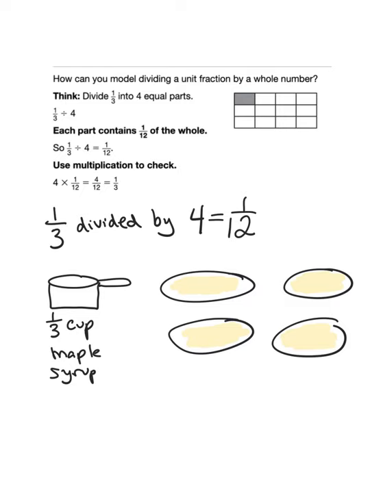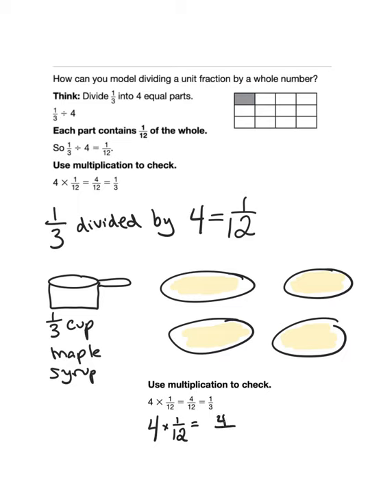Okay, and then the last step down here tells us to use multiplication to check the work that we've done. So let me come down here and show you that. I guess this would be kind of like saying, let's take the 4 portions of maple syrup that we put onto our pancakes and pour them back into the cup measure.